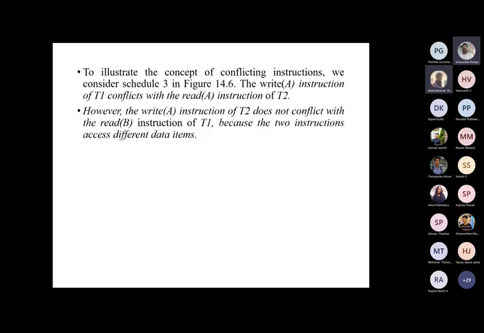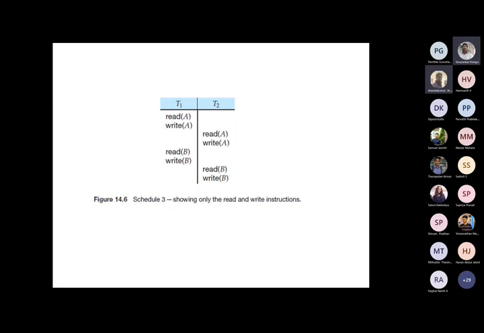So I hope you are able to follow it, right? We are going to consider an equivalent schedule of Schedule 3 showing only read and write operations. Here, in transaction T1 there is a write of A operation, and in transaction T2 there is a read of A operation.